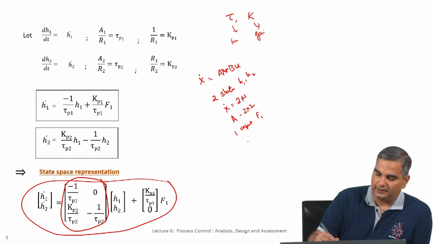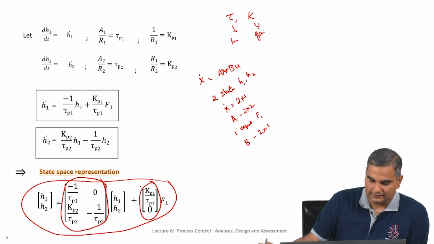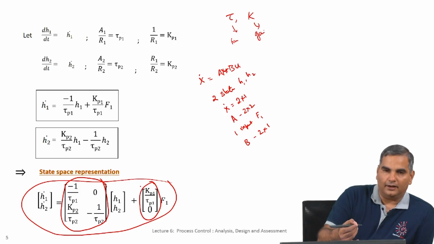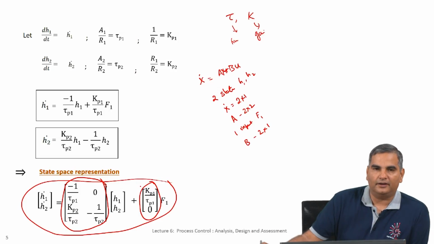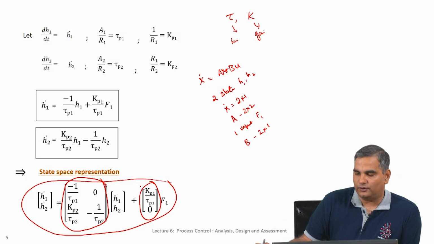Then the B matrix has to be of size 2 by 1, and you can see that this is a 2 by 1 matrix right here. So, that is how a multivariable state space model comes about, using a very simple example.